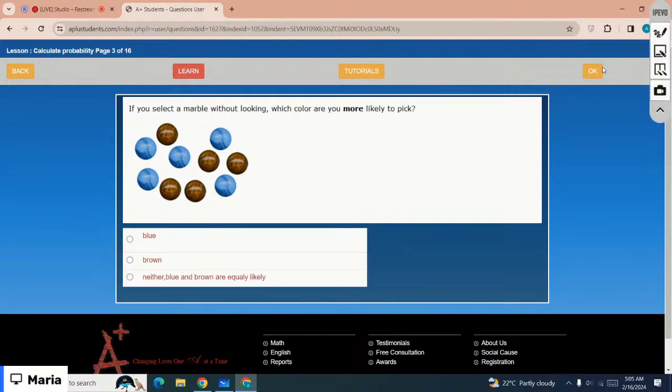Okay, the next one is: if you select a marble without looking, which color are you more likely to pick? Brown, blue, or they are equal? Which is the correct option?